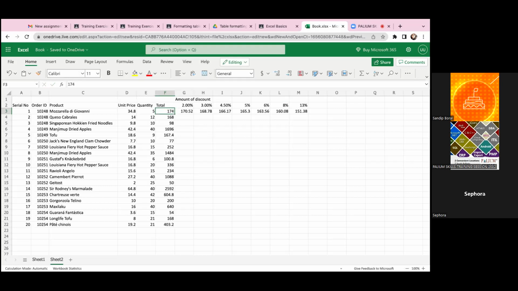What will be the formula? 174 divided by 2%, something like that. No. First, you will do what? 174 into 2%. And then 174 minus 2% of 174. Our arithmetic. Is it clear?